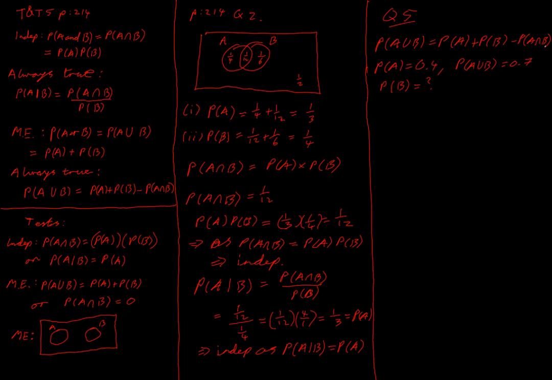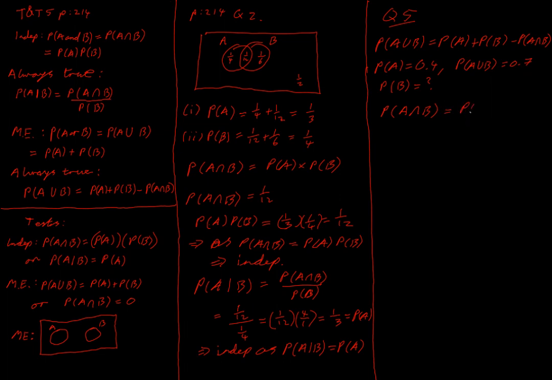Well, is there any formula or any fact we know about the probability of A intersection B? And then we look at the question and it says, given that A and B are two independent events. Well, what do I know about the probability of A intersection B if we have independence?